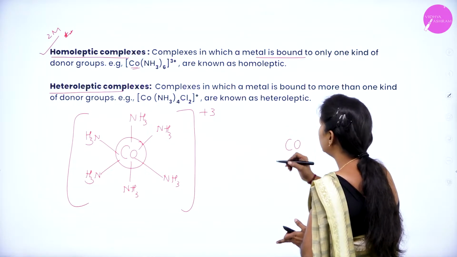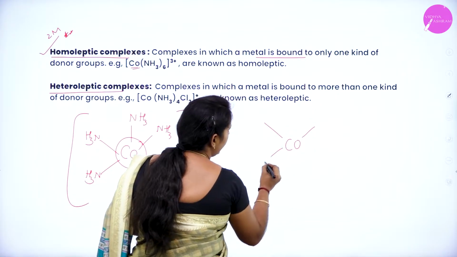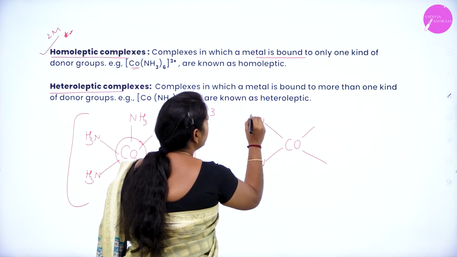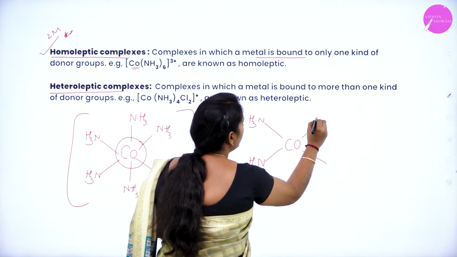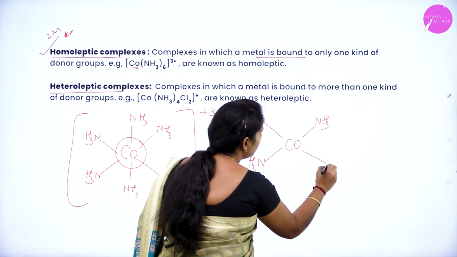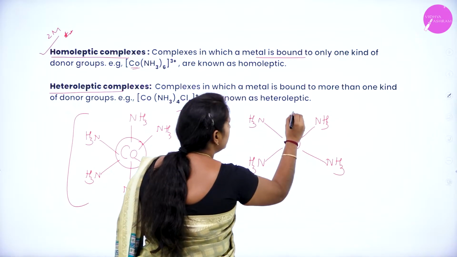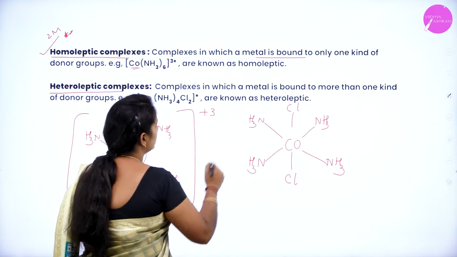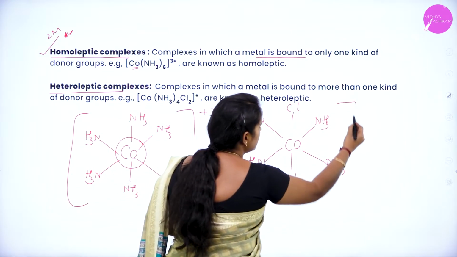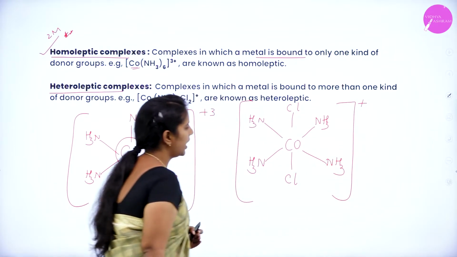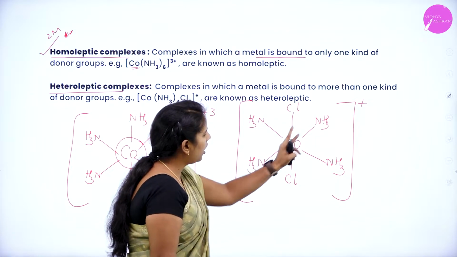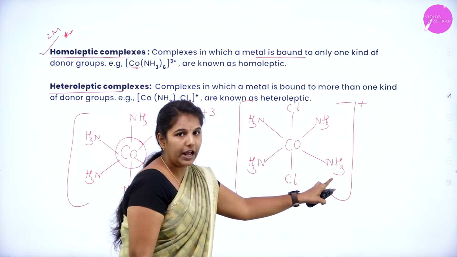So, the cobalt which is coordinated by 4 ammonia ligands, and you can see that we have another kind of ligand known as chlorine, and it carries what? Plus charge.